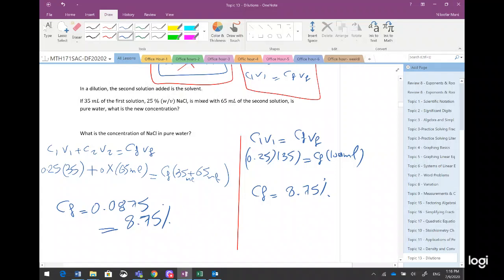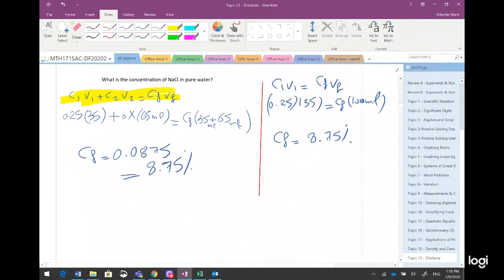So this formula is the original formula, and I can make the other formula just because of dilution. When I use solvent, that's zero concentration, so one of the terms will be removed, and then I will be fine here.